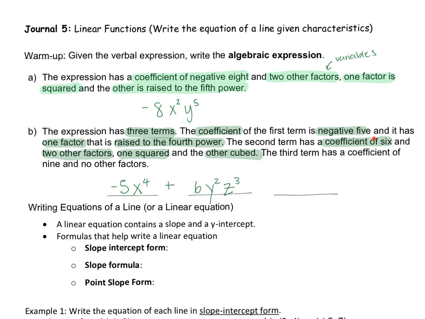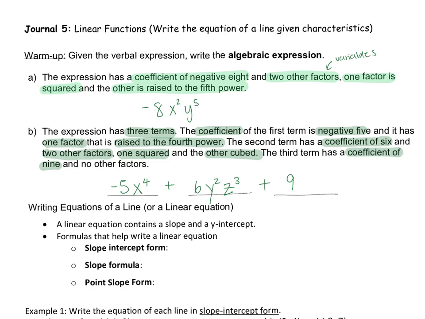If it had said a -6 as the coefficient, you would have to write a subtraction sign. And for the third term, it says the coefficient is 9 and no other factors. So if it's just a coefficient of 9, we just need to write a 9 there, with a plus sign joining them since it's a positive 9. And there you go. We have our algebraic expression.